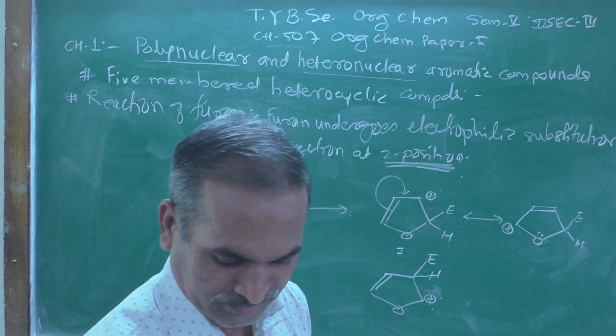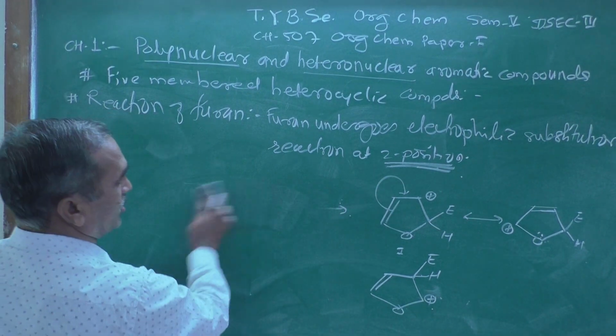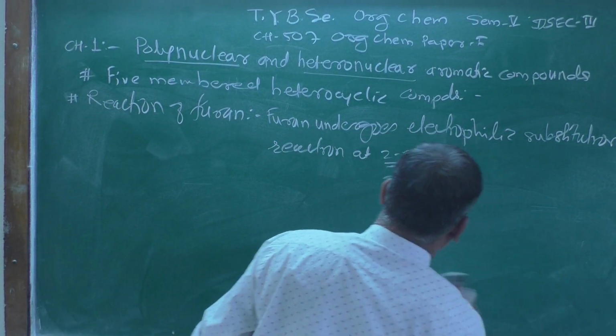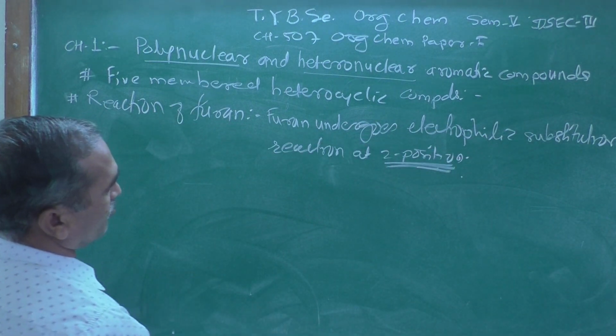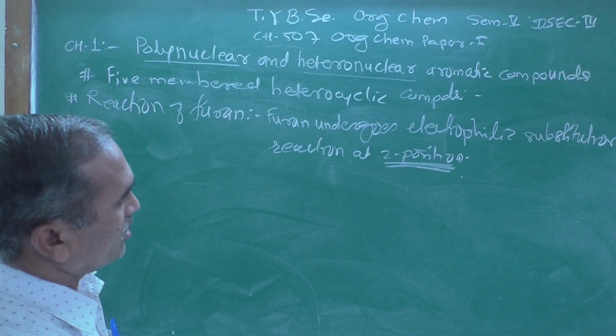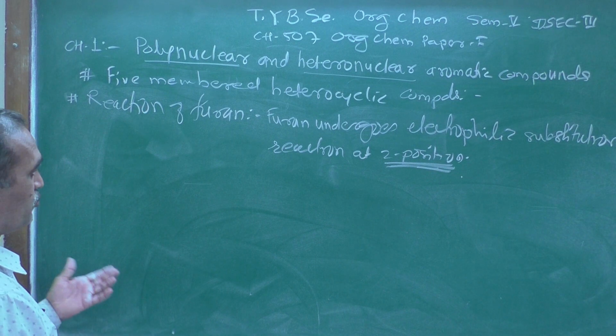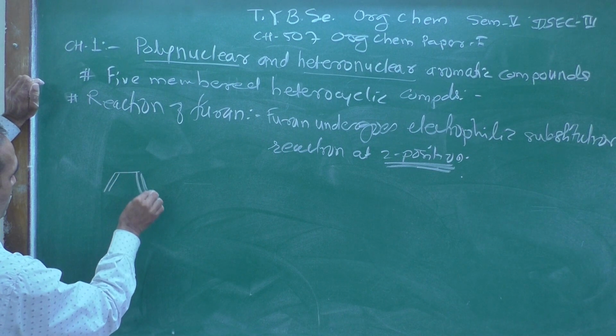Let us draw properly over here so that we can draw the resonating structure. I am trying to explain why furan undergoes electrophilic substitution reaction at 2 position.